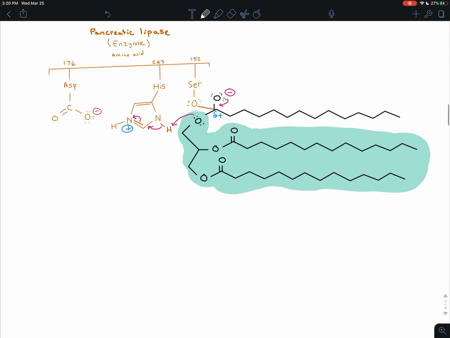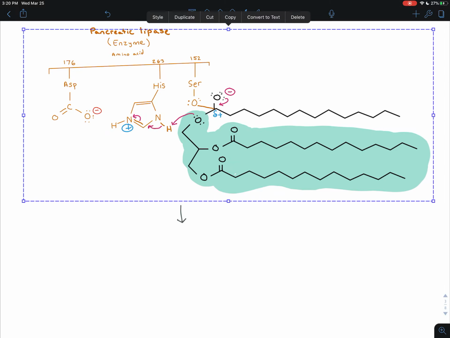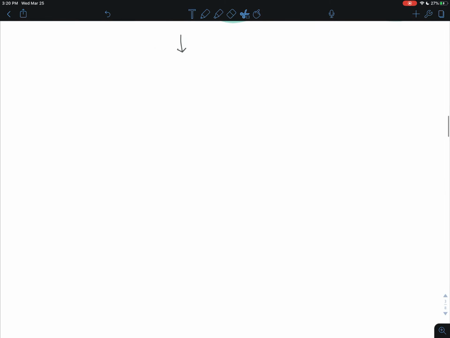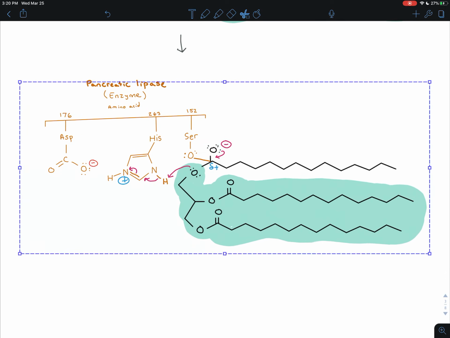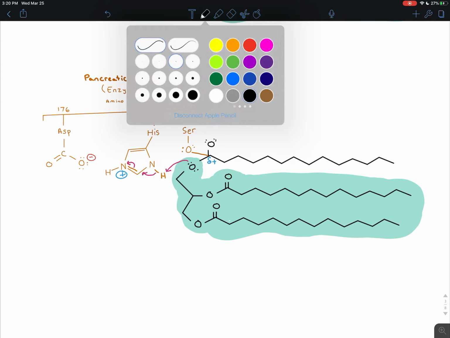So after this step, this negative charge will go away because the lone pair is not just going to be on the oxygen, it's going to be a pi bond again, actually.